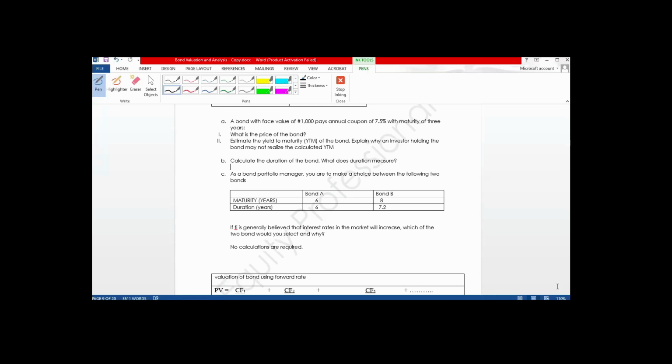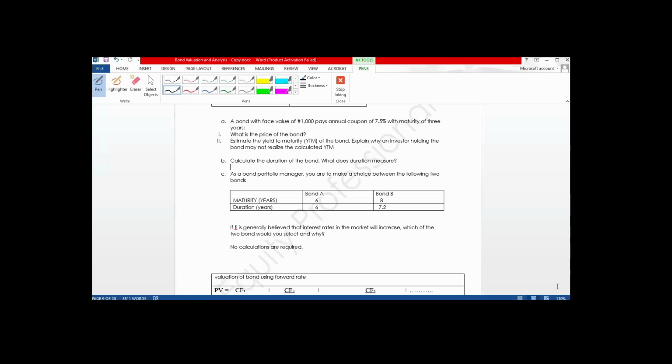If market interest rate increases, generally, the value of bond falls. However, a bond with longer duration will experience greater fall in value compared to a bond with shorter duration.